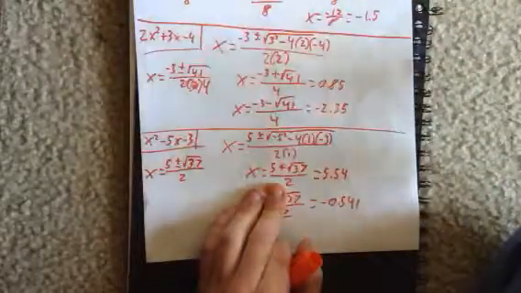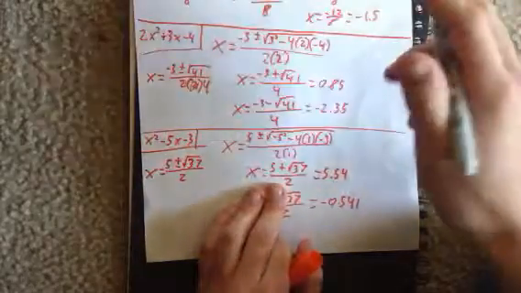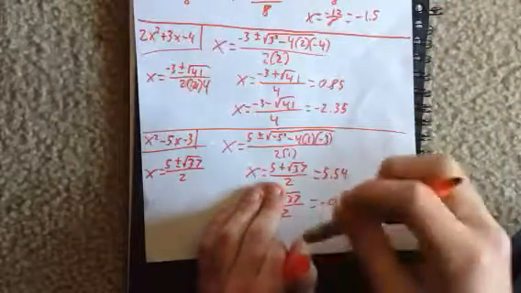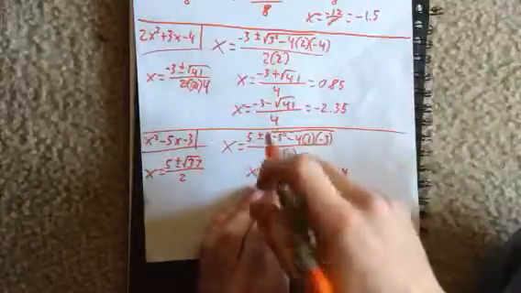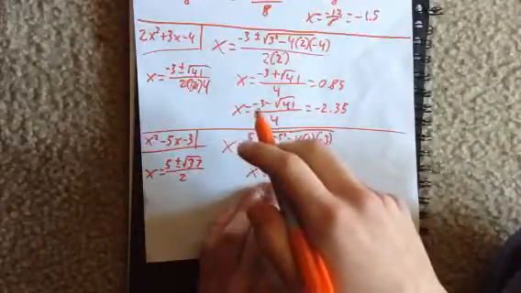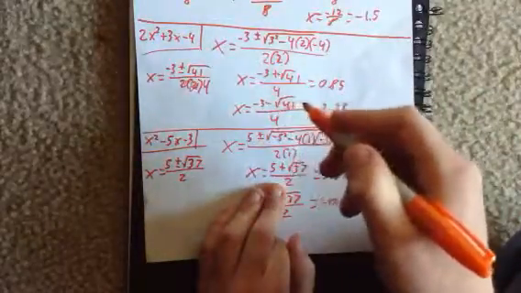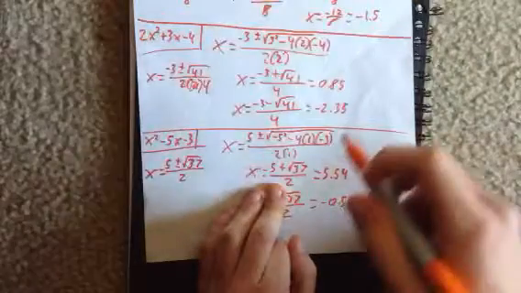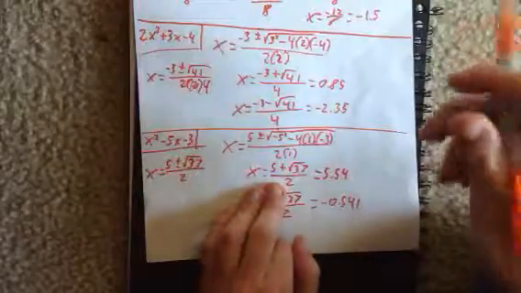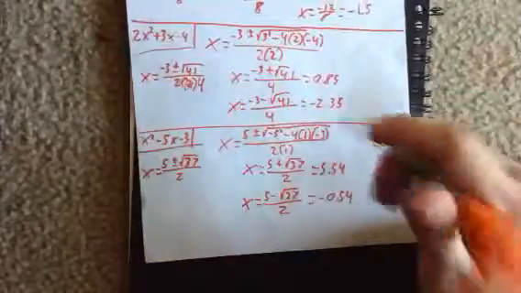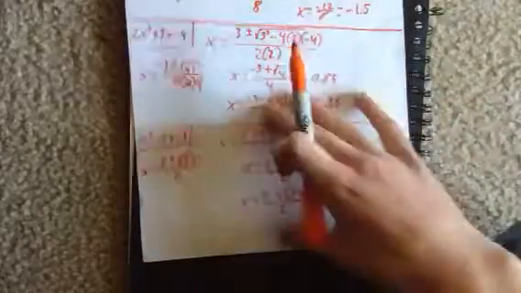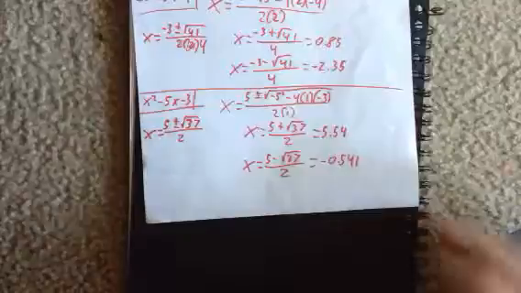You can insert that into a calculator to check it if you would like. And for the minus equation, x equals negative 3 minus square root of 41 divided by 4 equals negative 2.35. So that means this equation is also one of our answer choices.